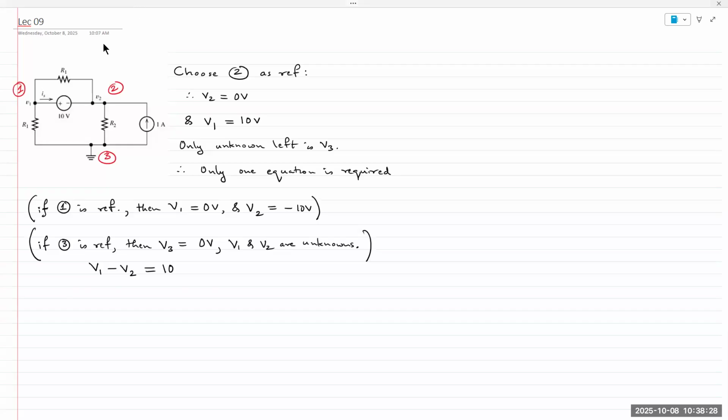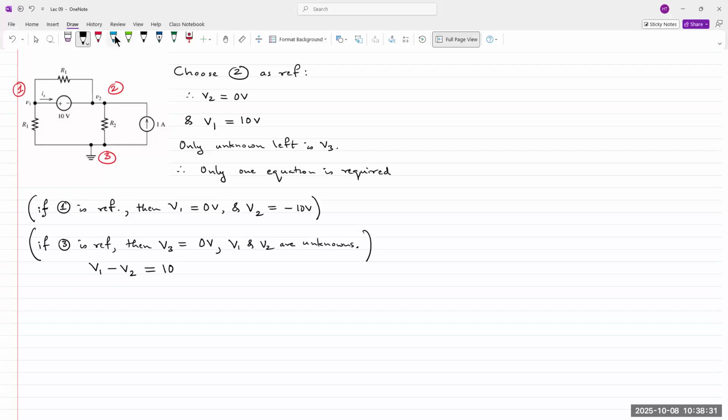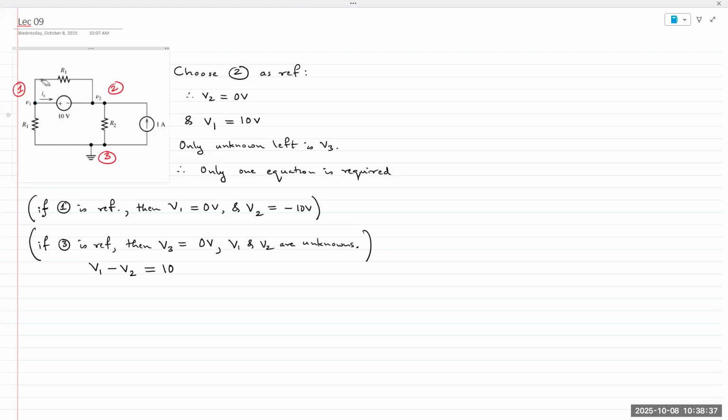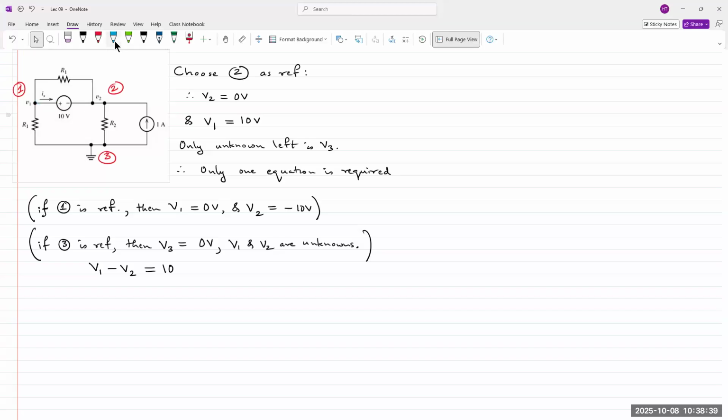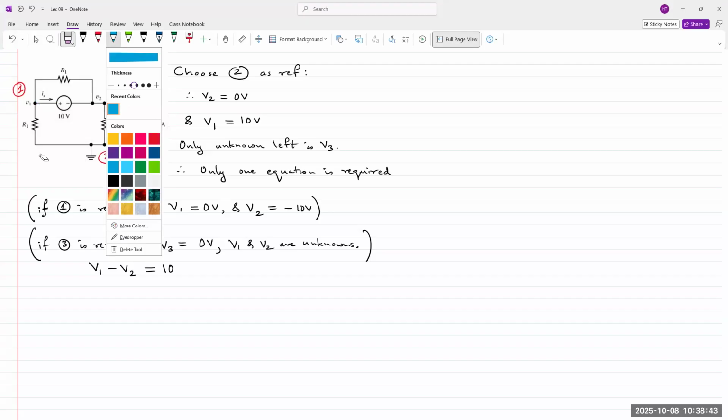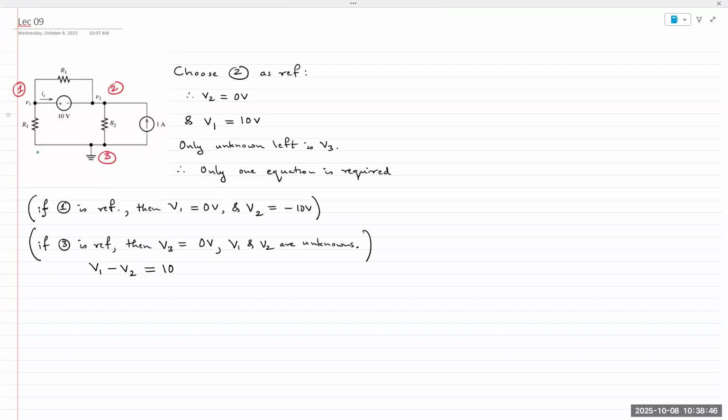Next thing to do is to assume branch currents. See, IS is already given to us. So I'm going to leave that as it is, not going to do anything with it. Now let's assume the direction for the other currents.